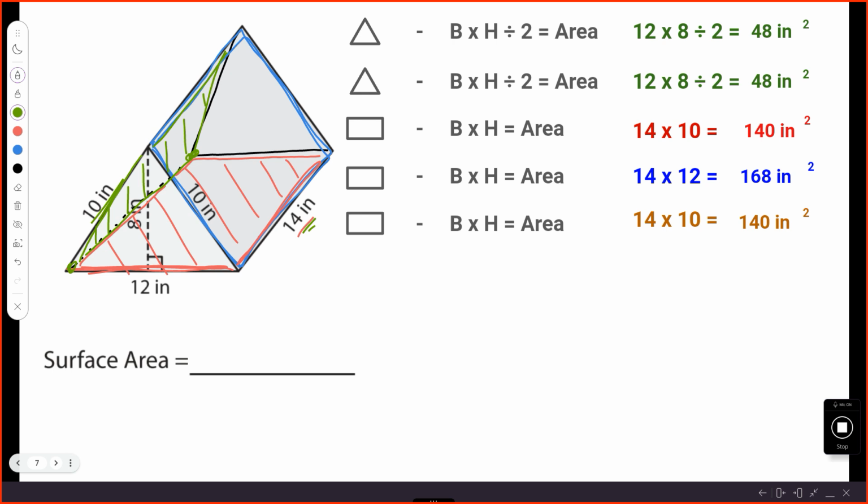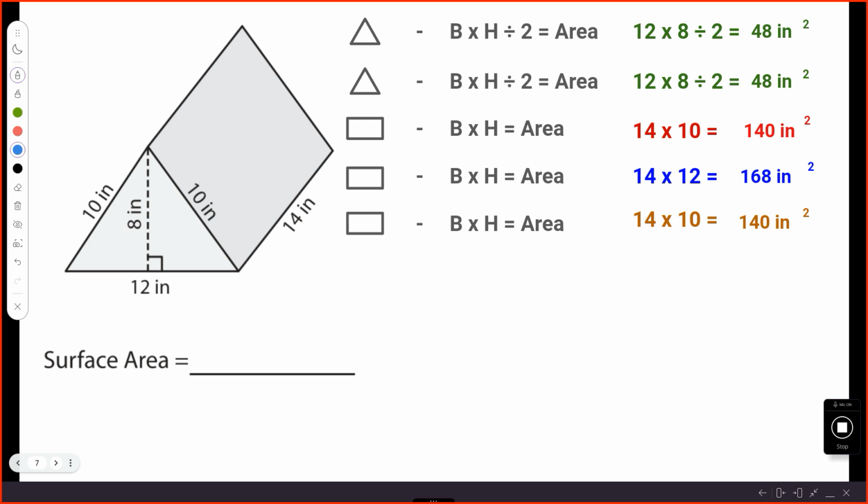But I'm going to show you something here that I find to be easier when it comes to triangular prisms, and it works every time. So I'm going to erase this. And if you look, this number right here that separates one triangle from another triangle is the same as this number up here. It separates one triangle from another triangle.